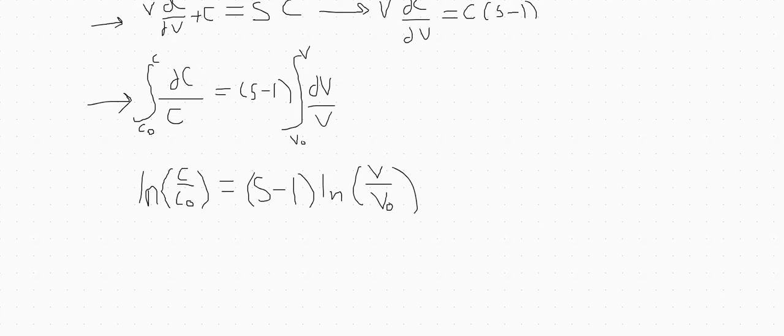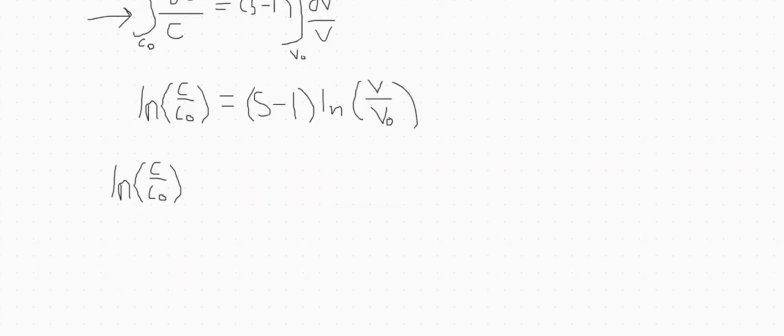And now we have just some algebra to do. It should be pretty basic, but if you haven't done this in a while, you might have forgotten about some of these rules. So, okay, we can bring this S minus 1 up here.